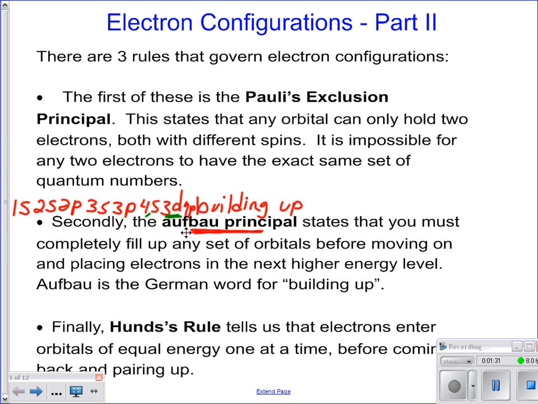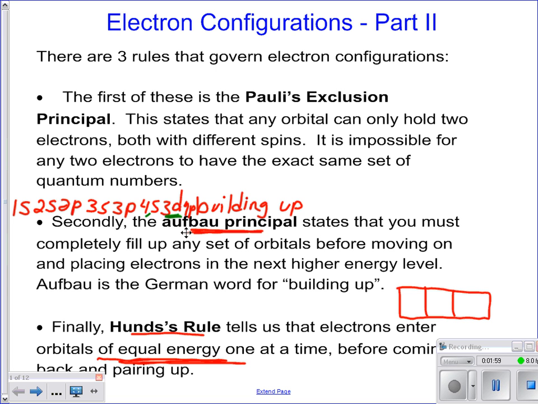Well, we've also got something known as Hund's rule. Actually, they did call it that when you guys did the POGL, and that was when we had those boxes, and these boxes represented orbitals. We said that in order for those electrons to go in there and fill up those orbitals, they fill up orbitals of equal energy one at a time.